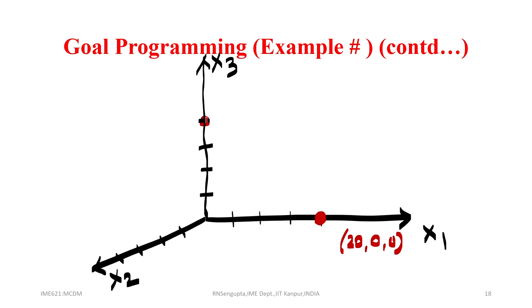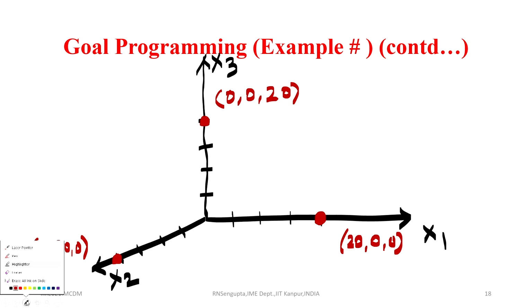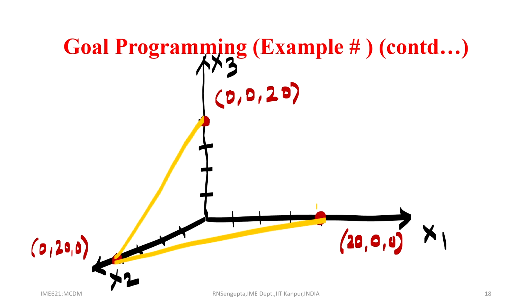This point is 0, 0, 20, because x3 is the value, and this value is 0, 20, 0. So, if I draw it, this is the slanted triangle which I have.